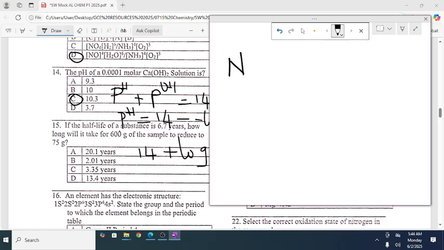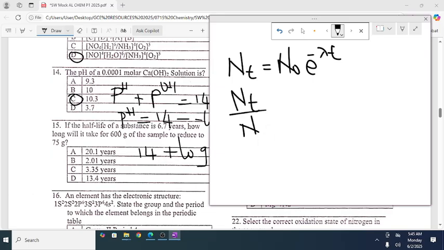You just have to use Nt equal to N0 e to the power negative lambda t, where lambda is a decay constant, ln 2 over t half. But since I need t, I'll first of all divide both sides by N0. So I'm going to have Nt over N0 equal to e to the power negative lambda t. Now I'll take ln on both sides.